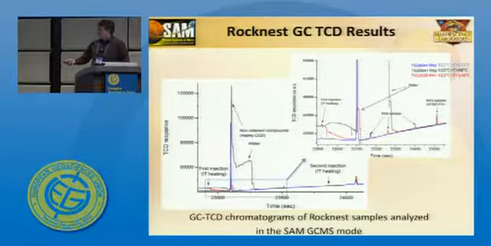Focusing on this part of the chromatogram, we see also minor contributions, but these peaks are not very numerous, and they were also identified in the background measurements done prior to the analysis of the Rocknest sample. So all the species identified here come from a background signal in SAM.